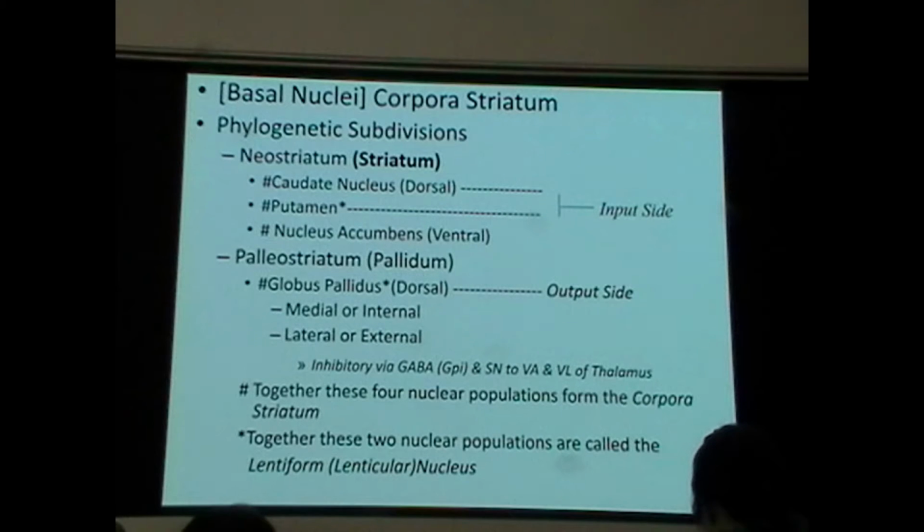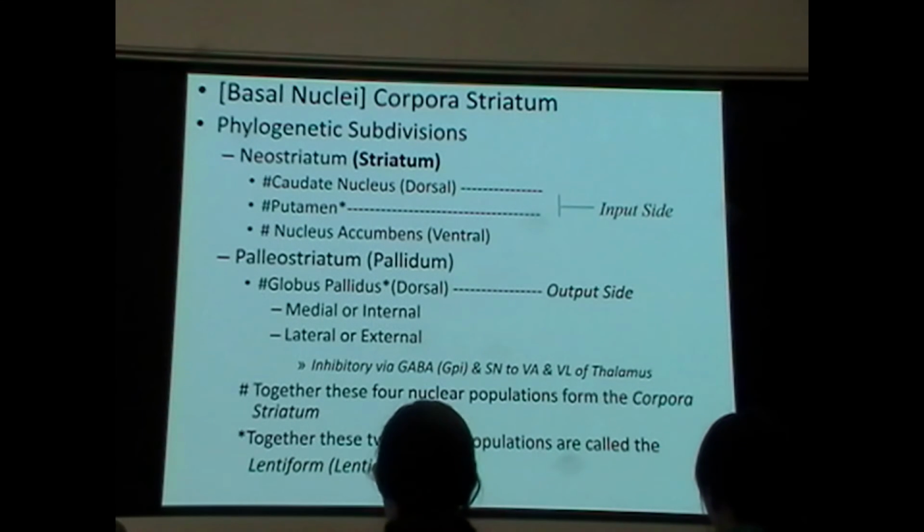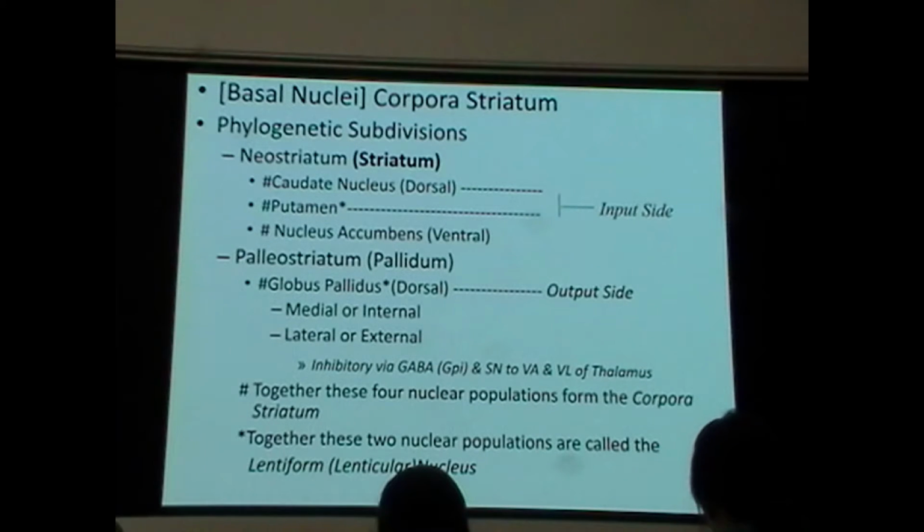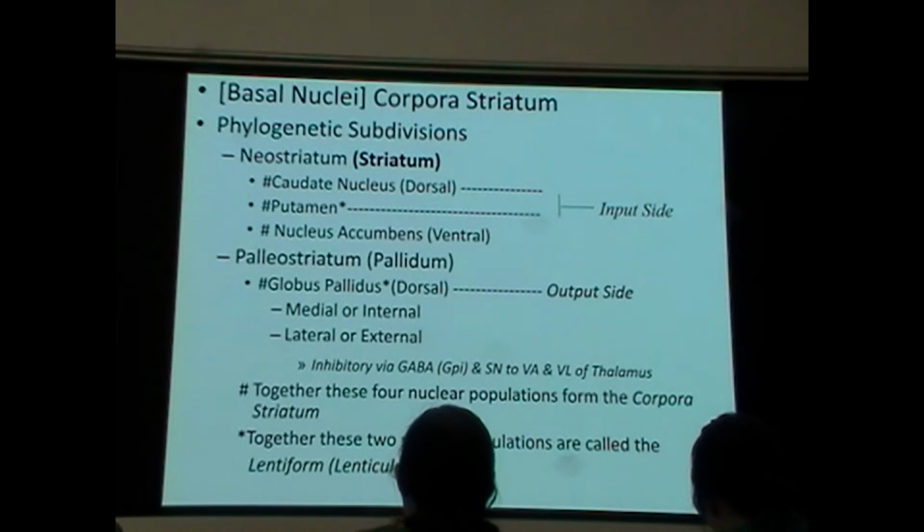This is the input side, receiving information primarily from the cortex, but also from areas such as the substantia nigra, which we'll talk about in a minute. So the caudate nucleus is the dorsal input side, then the putamen, and the nucleus accumbens. The nucleus accumbens is interesting because it has to do with facial expression, muscles of facial expression.